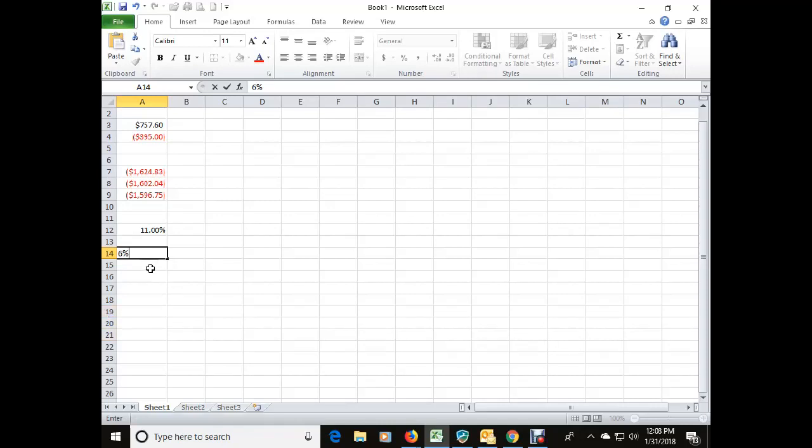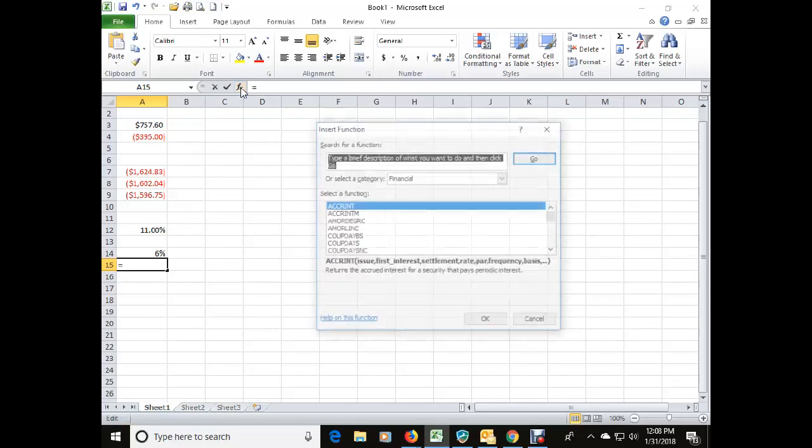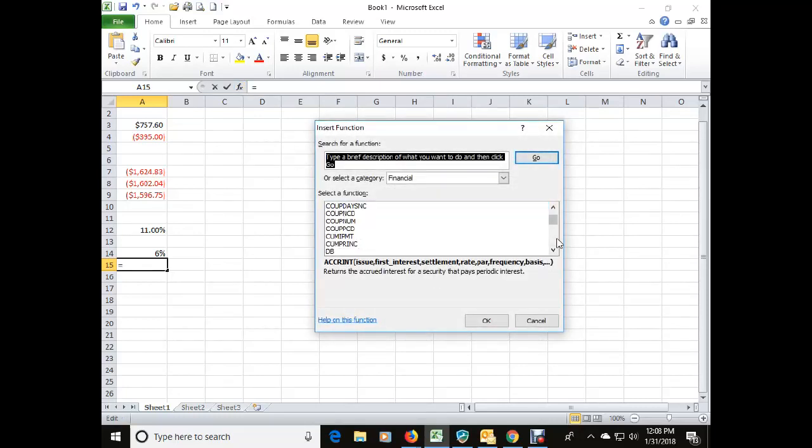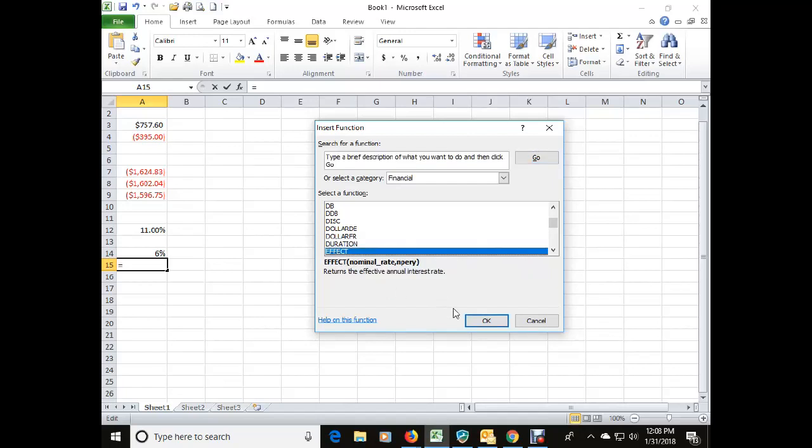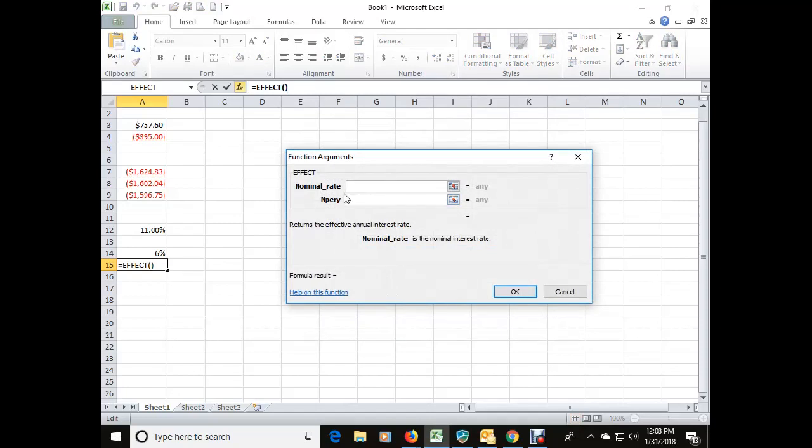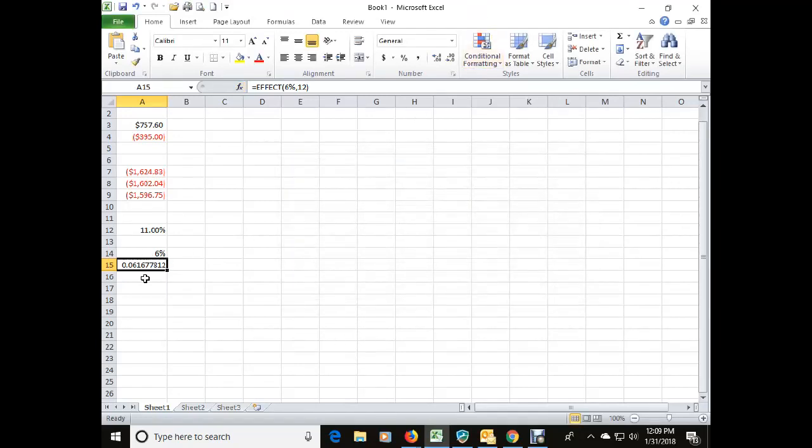Now we can calculate the effective annual rate, and we can use Excel to do that. We can go down here, and there actually is a particular function called EFFECT. As it says, we put in the nominal rate, which was 6%, and the number of periods per year, which is 12, and it gives us a number of 6.16.